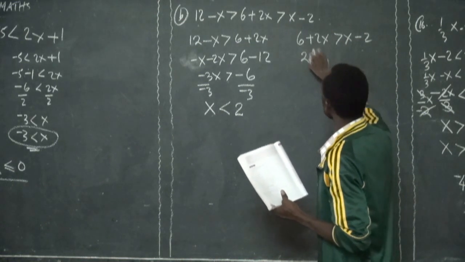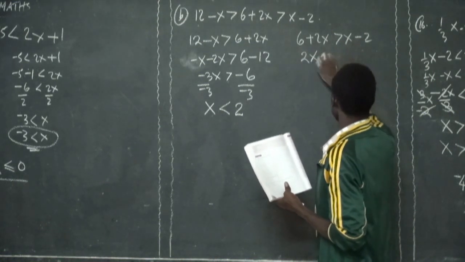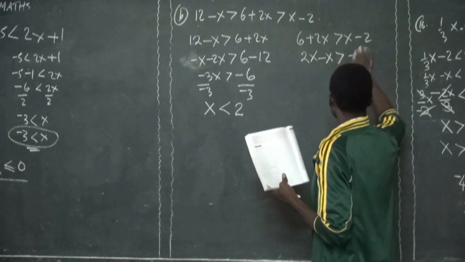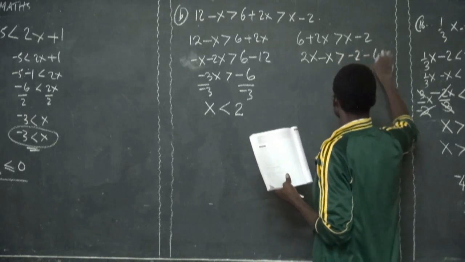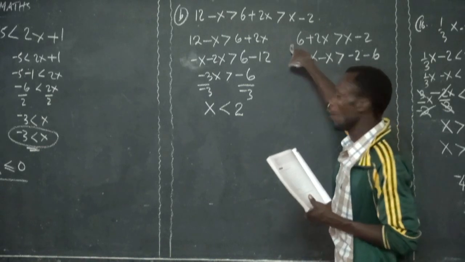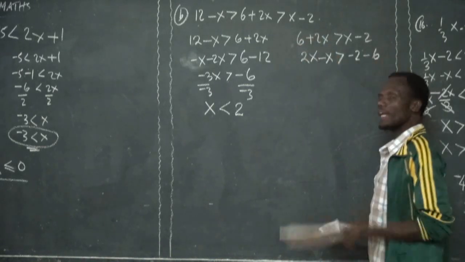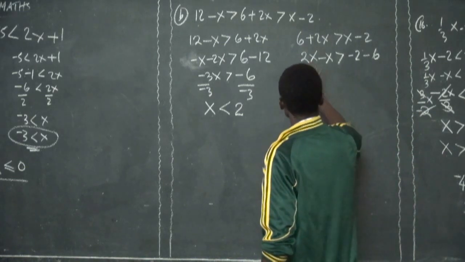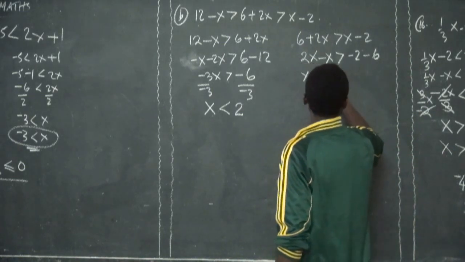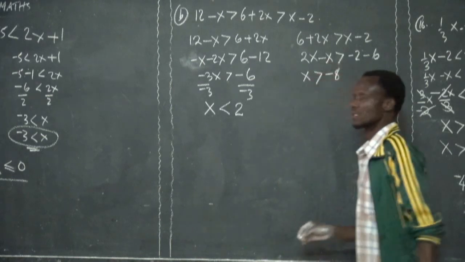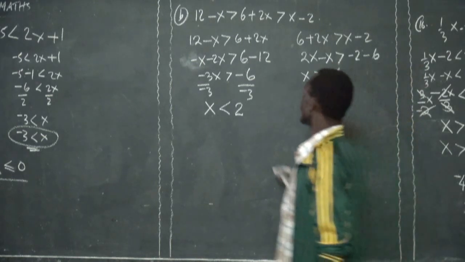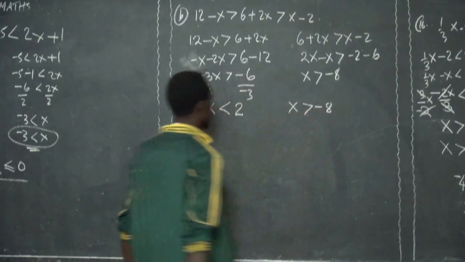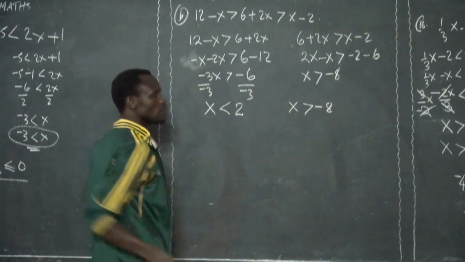Now we have 2x minus x is greater than negative 2 plus negative 6, because this is positive; when it is taken to the other side, it becomes negative. Now we have x is greater than negative 8. Are you together? Now we have x is greater than negative 8 and x is less than 2.